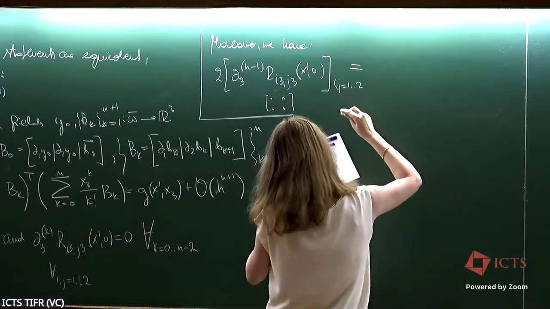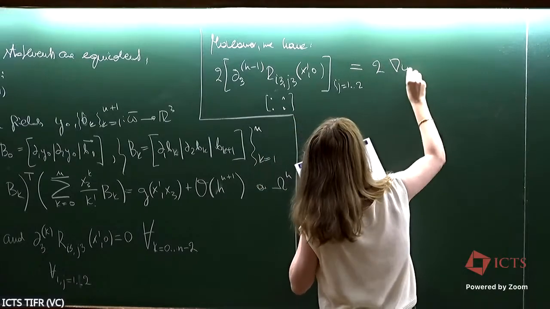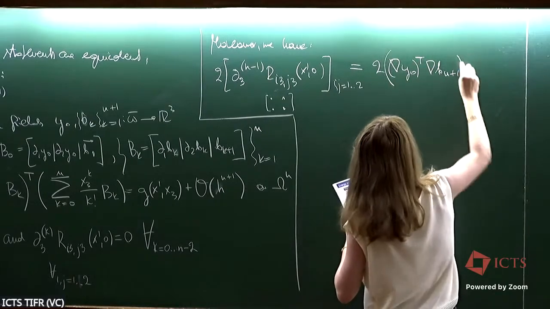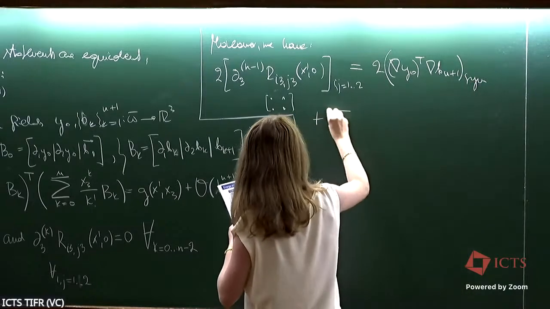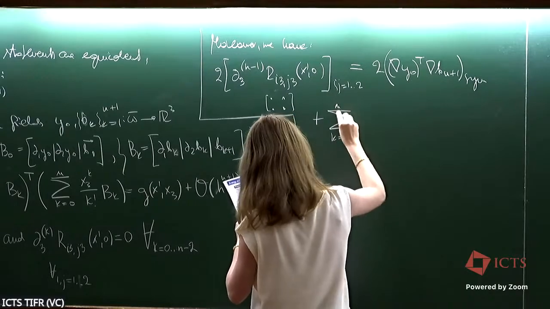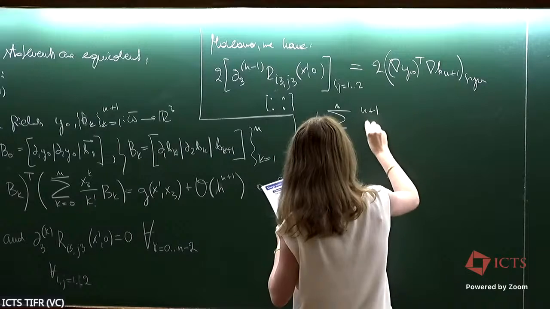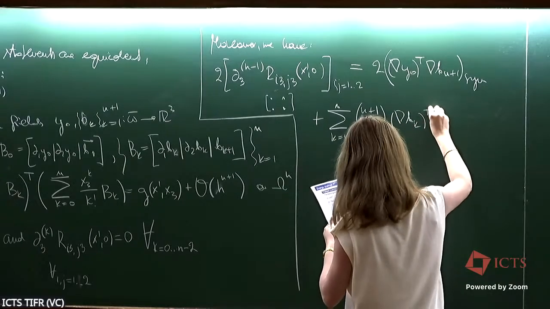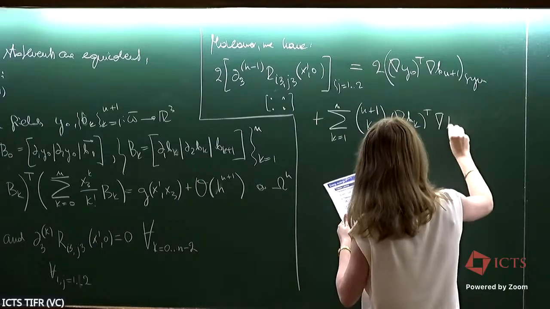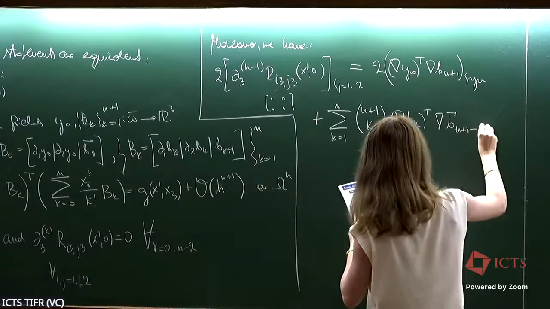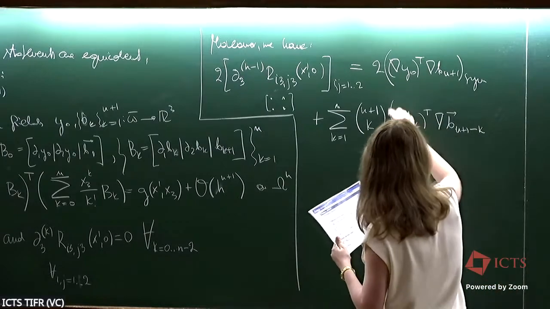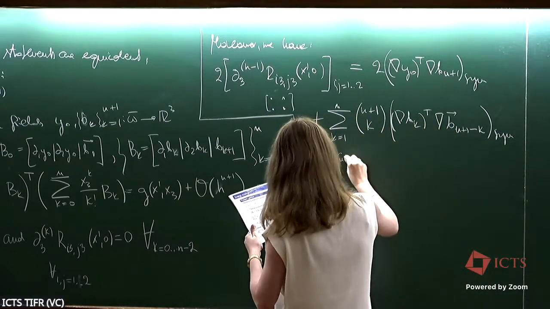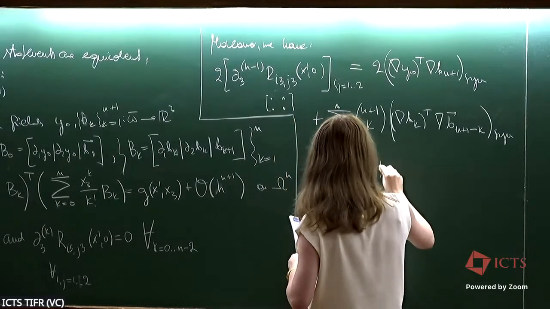This thing equals, I can compute, twice the symmetric part of gradient b0 transpose gradient b_{n+1}, plus the sum from k equal 1 to n, n plus 1 choose k, of the symmetric part of gradient b_k transpose gradient b_{n+1-k}, minus the n plus 1 derivative in x3 of G at x prime 0, 2 by 2.